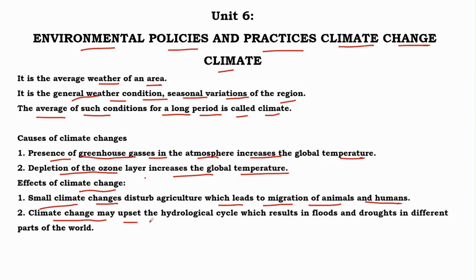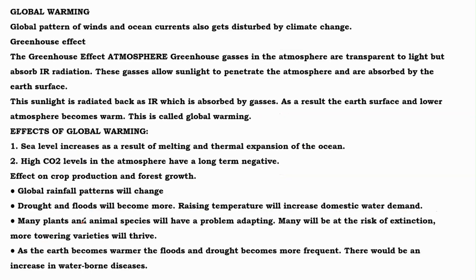Climate change may upset the hydrological cycle, which results in floods and droughts in different parts of the world. Global wind patterns and ocean currents also get disturbed by climate change.